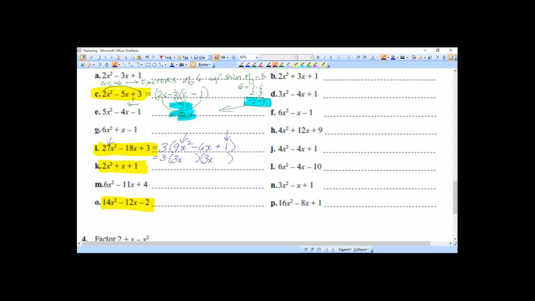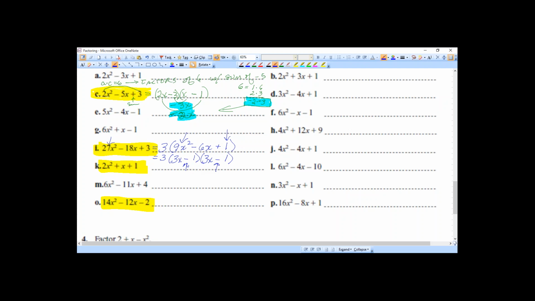You've seen these enough that you should be getting used to your signs. If you have a plus on the end, the two signs are the same. These two will match if the constant term is positive, and both will be the middle term's sign.